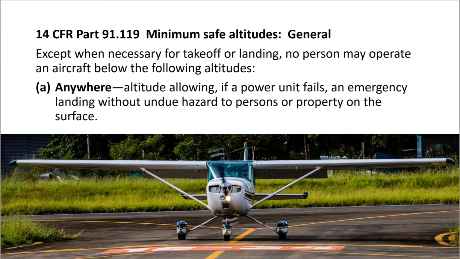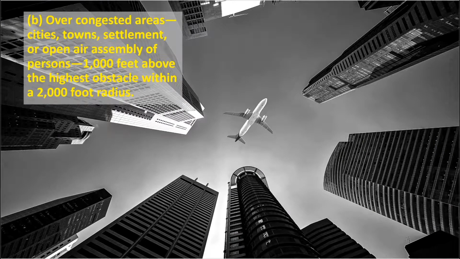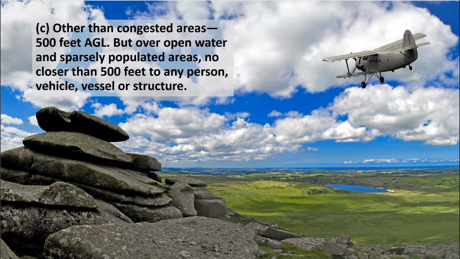on the surface. Over congested areas like cities, towns, settlements, and open-air assemblies, manned aircraft are to be flown no lower than 1,000 feet above the highest obstacle within 2,000 feet. When flying over places that are not congested, the minimum altitude is 500 feet.